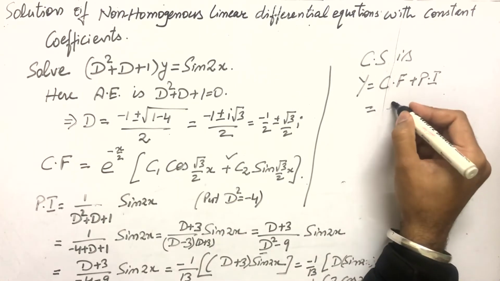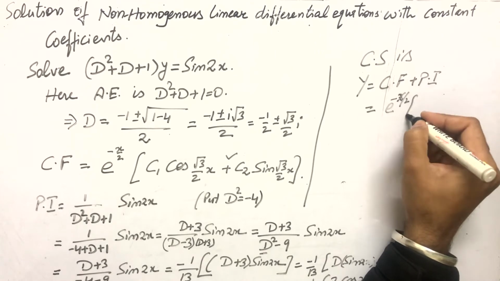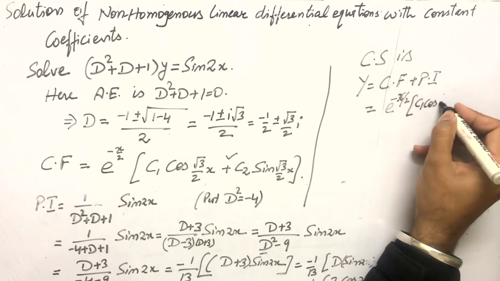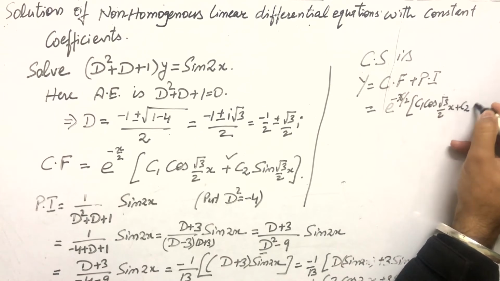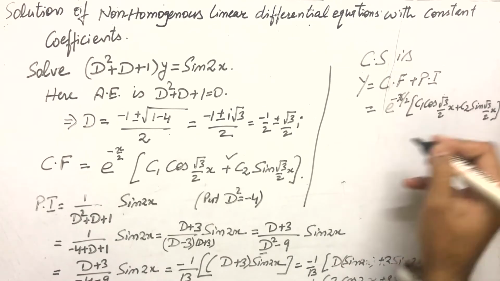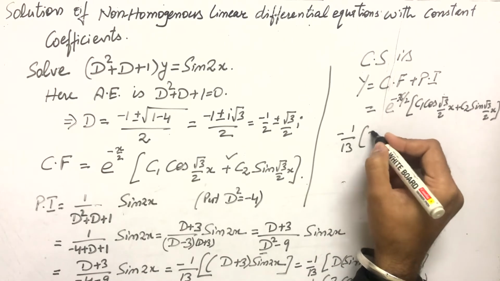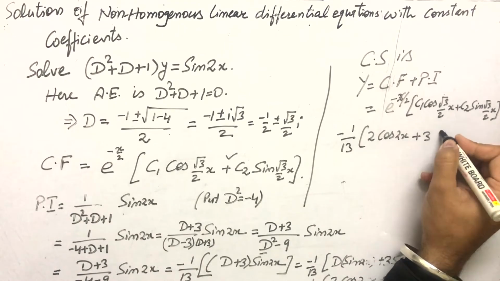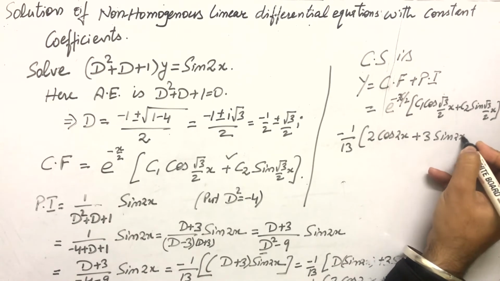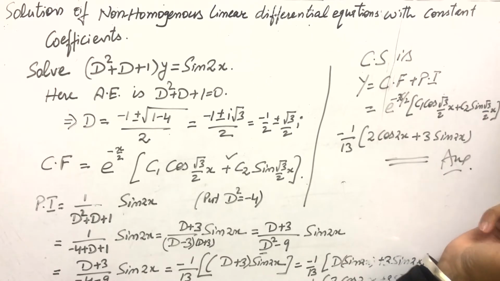So that is e power minus x by 2 times (c1 cos root 3 by 2 x plus c2 sine root 3 by 2 x) plus the particular integral, that is minus 1 by 13 times (2 cos 2x plus 3 sine 2x), which is the answer here.